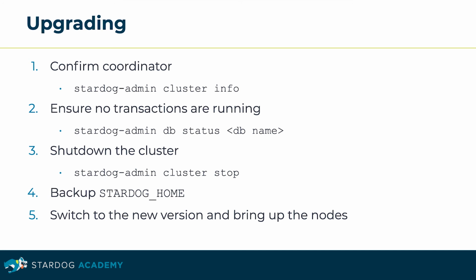And remember that we want to start each node, starting again with the coordinator. We want to make sure it has successfully rejoined the cluster before we start the next node. This ends the section on demo for Stardog High Availability Training.